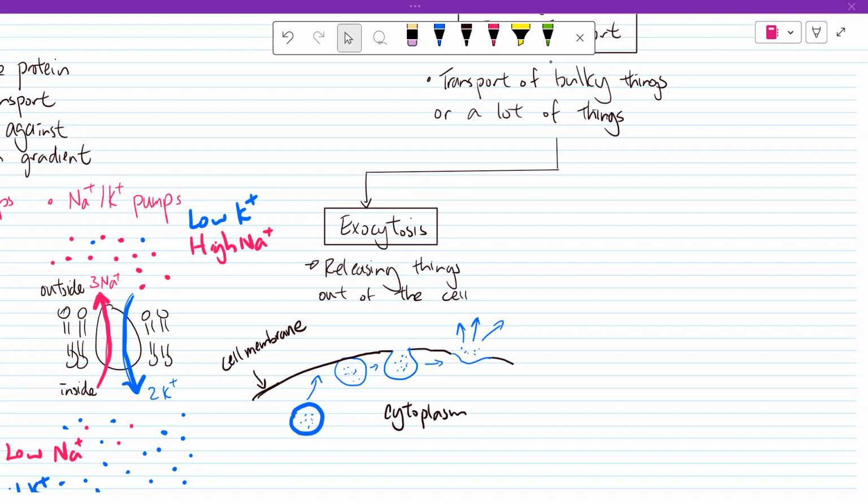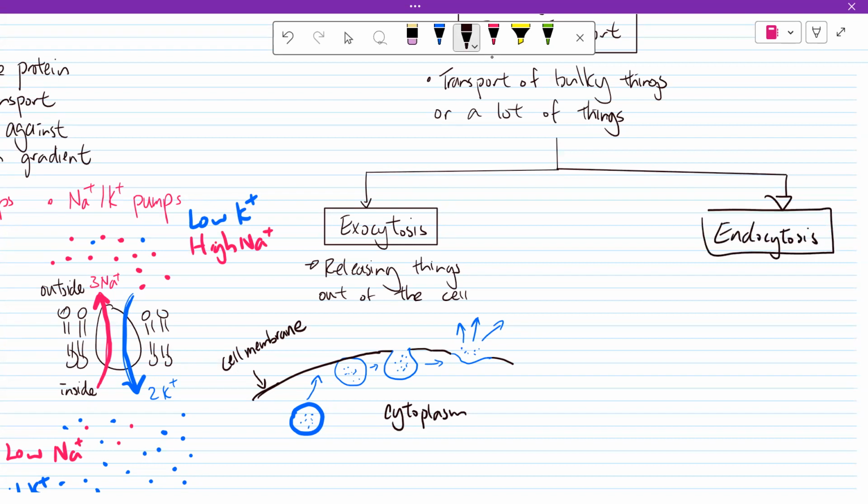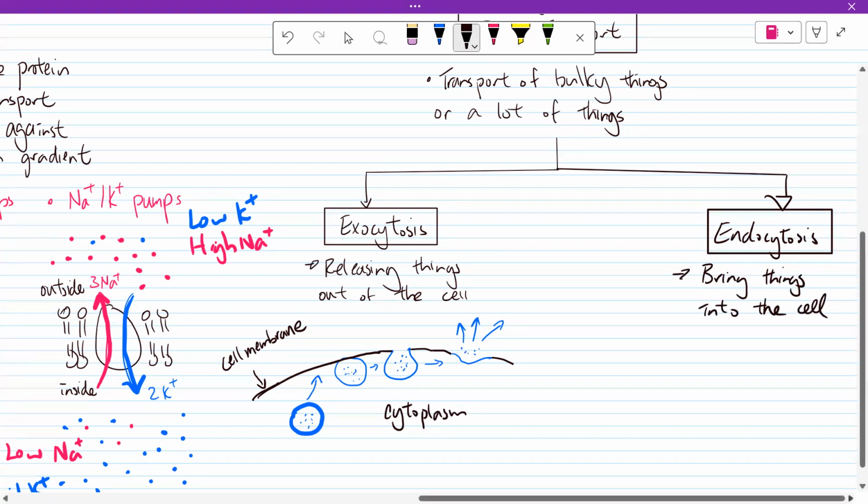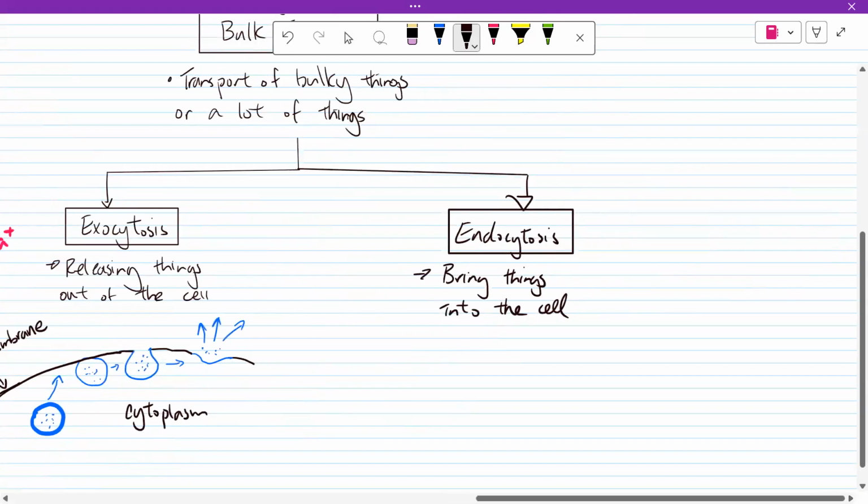Okay, so the opposite of exocytosis is endocytosis. Endocytosis is to bring things into the cell. Okay.